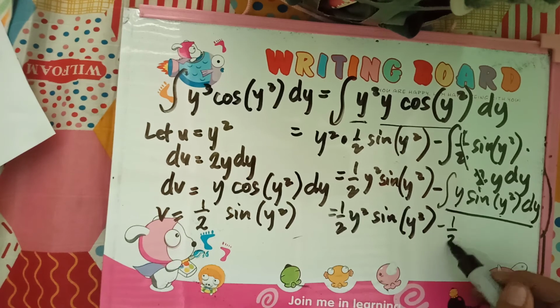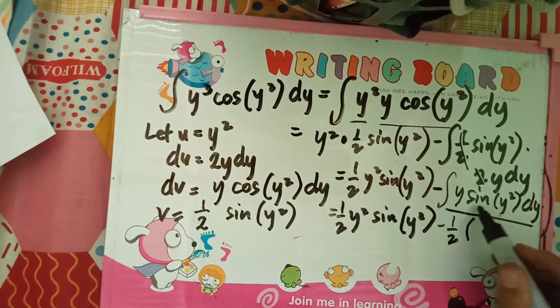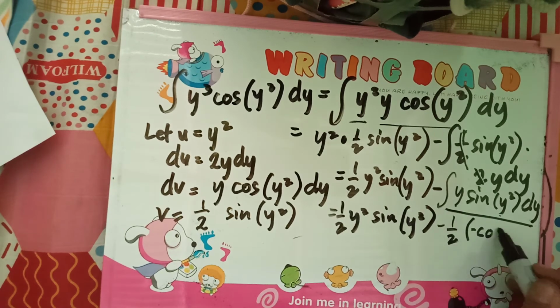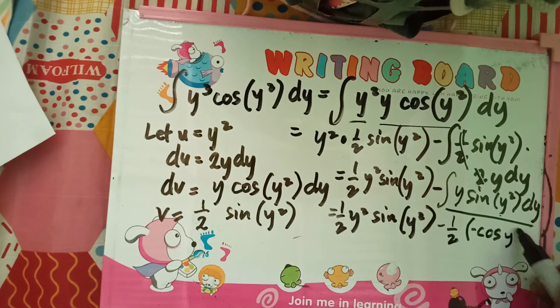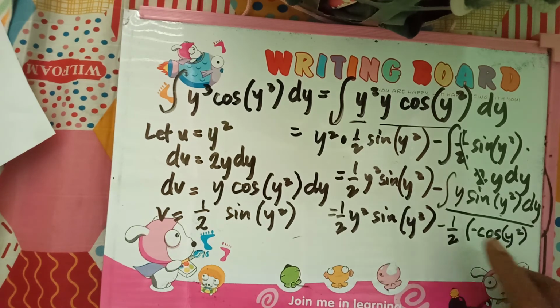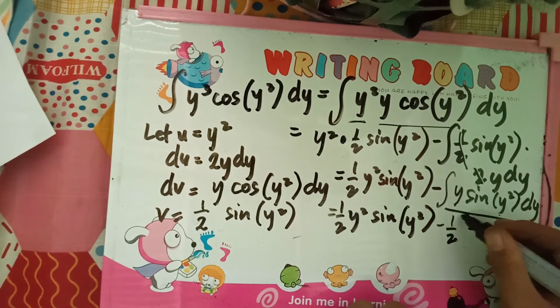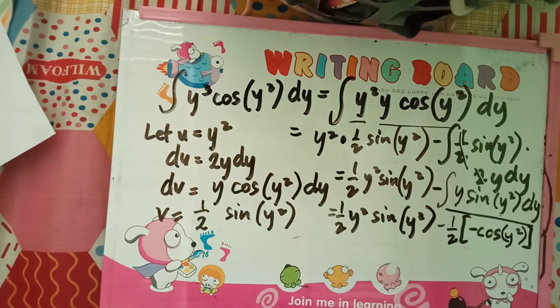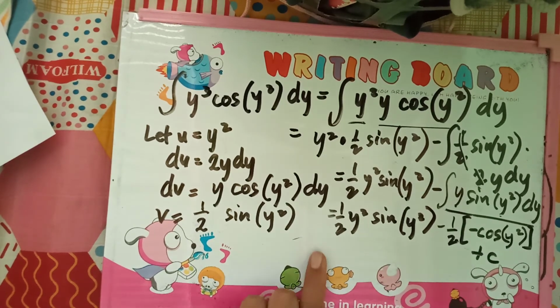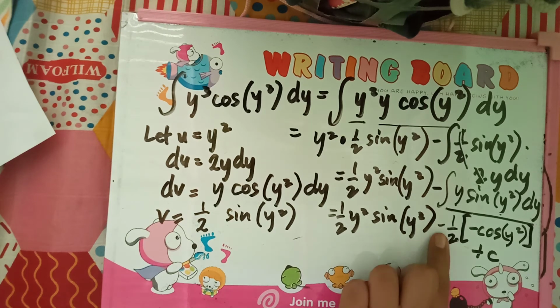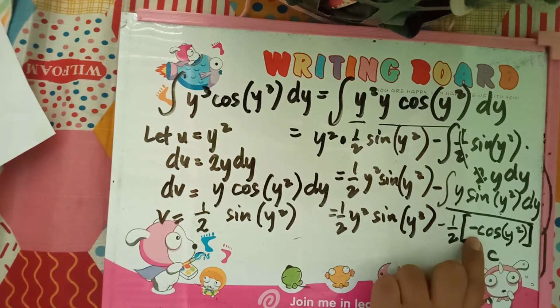1/2. What is the integral of sine? Negative cosine y squared plus c. Okay? So, ayan na. If we're gonna combine this, we have here negative times negative.